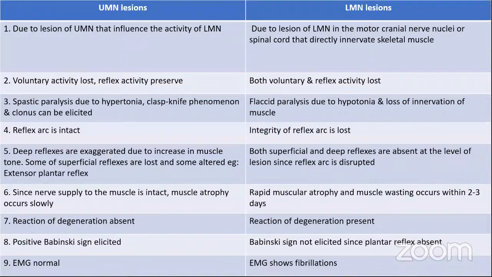Next is LMN lesion. What are the differences from UMN lesion? Due to lesion of LMN in the motor cranial nerve nuclei or spinal cord that directly innervate skeletal muscle, both voluntary and reflex activity is lost.